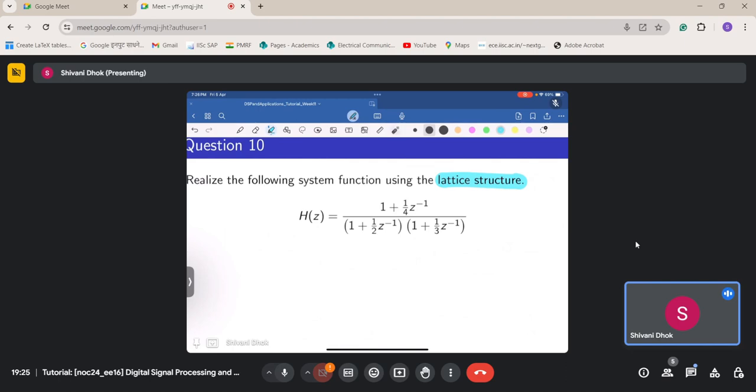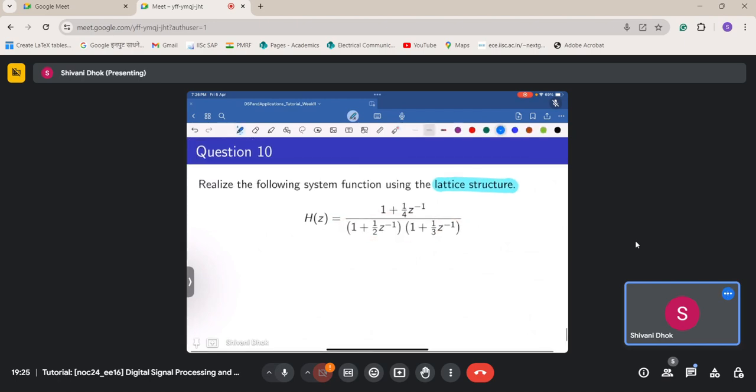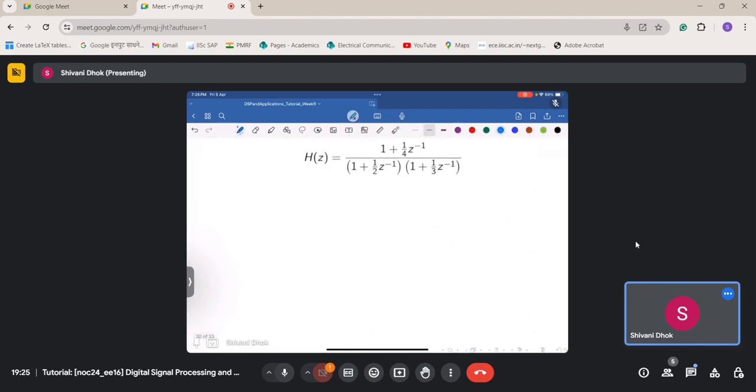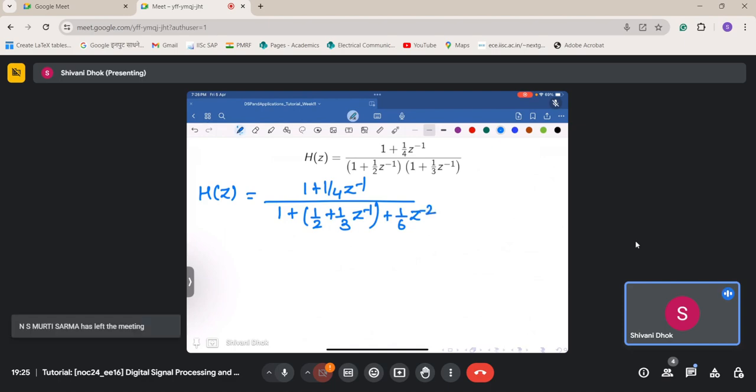Another thing is we are given this transfer function and the numerator degree is less than the denominator degree, which means that we can simply use the lattice structure as it is. Therefore, I can write this H of z as 1 plus 1 by 4 z inverse, and in the denominator I can expand this as 1 plus (1 by 2 plus 1 by 3) z inverse plus 1 by 6 z to the power minus 2.